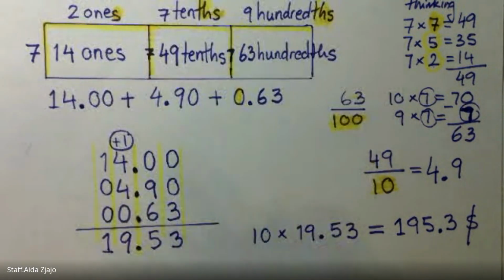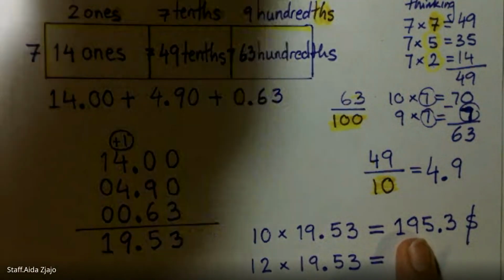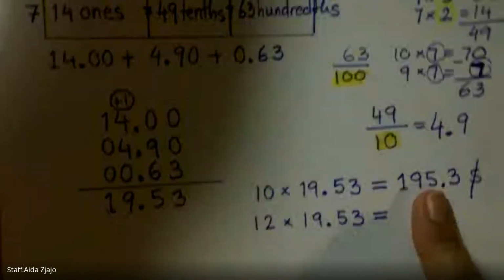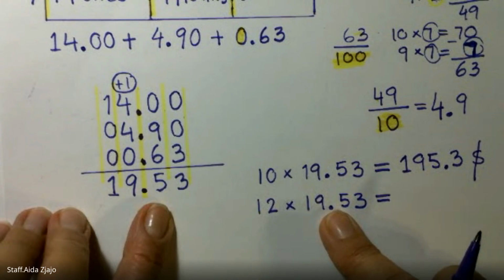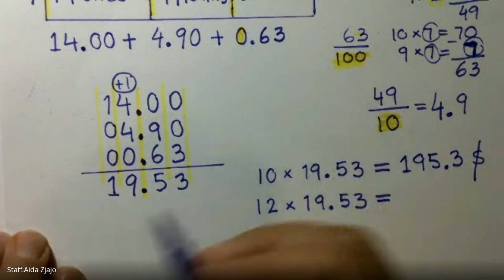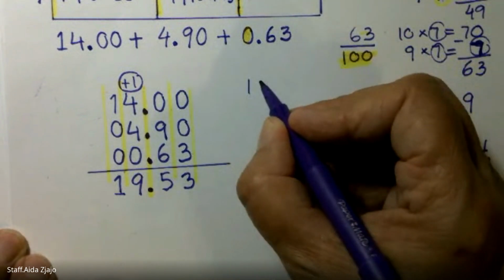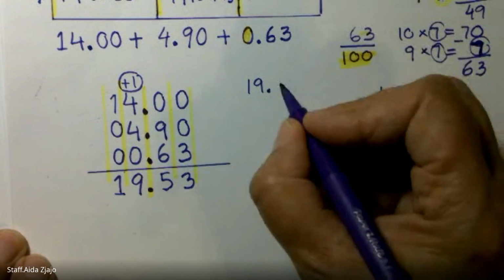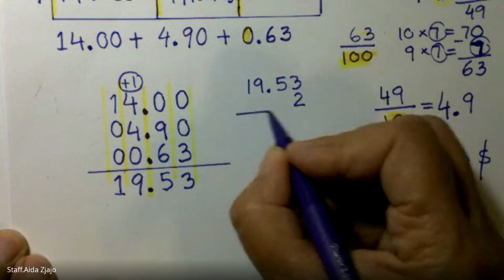To make it 12 times 19 and 53, you already know that 10 times is 195 and 3/10. So all you need are 2 groups of this number. So I can just do on the side 19 and 53 times 2.